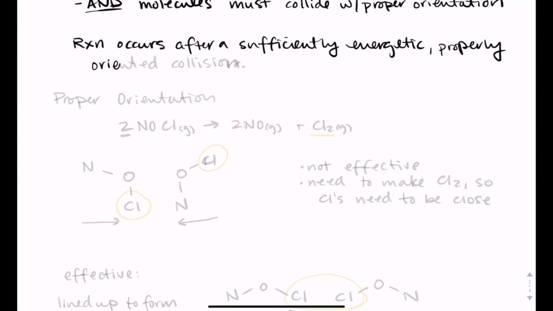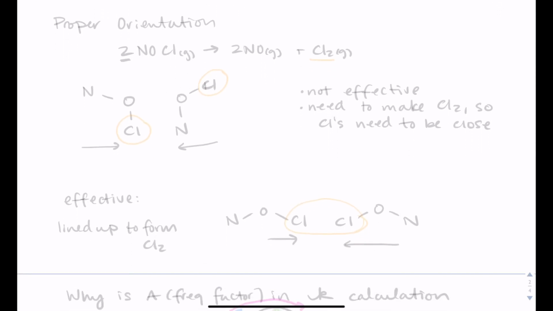So proper orientation. The reaction I want to look at is 2 NOCl turning into 2 NO plus Cl2. So if I have my NOCl molecules, these aren't proper structures. I haven't filled in all of my bonds or put in my lone pairs, but it's a nice skeleton with the correct connectivity.